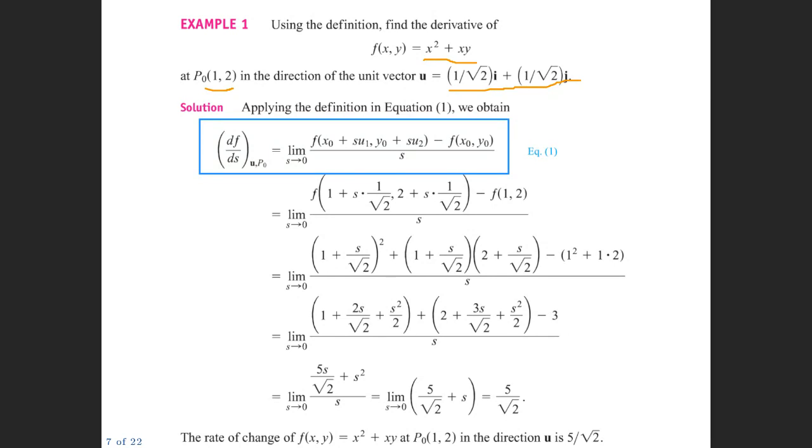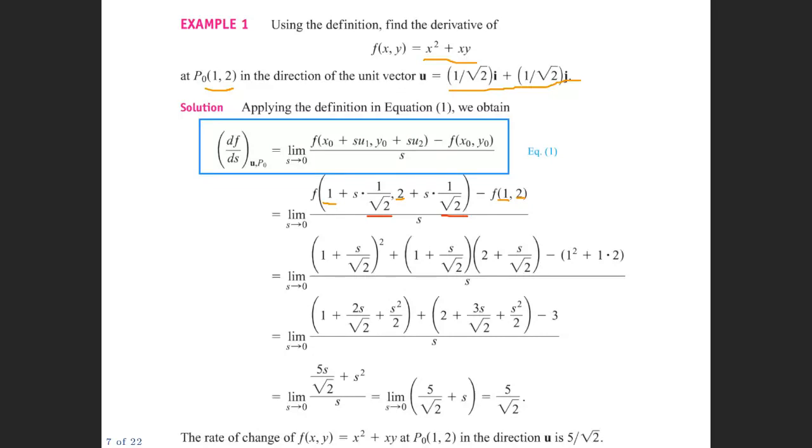The point is the point 1, 2. So that gives us our first numbers, 1, 2, 1, 2. The unit vector is 1 over root 2, 1 over root 2. So there's a 1 over root 2 here and a 1 over root 2 here.